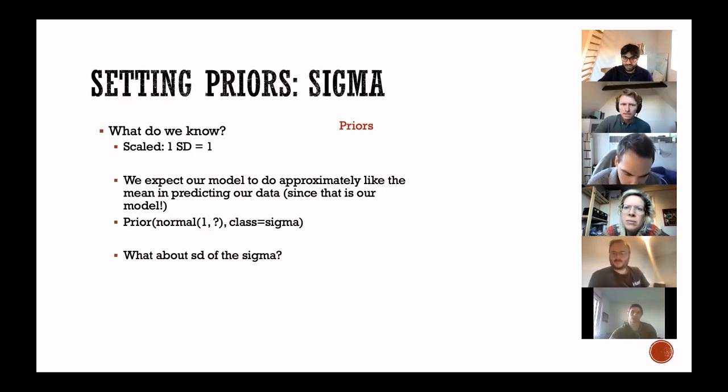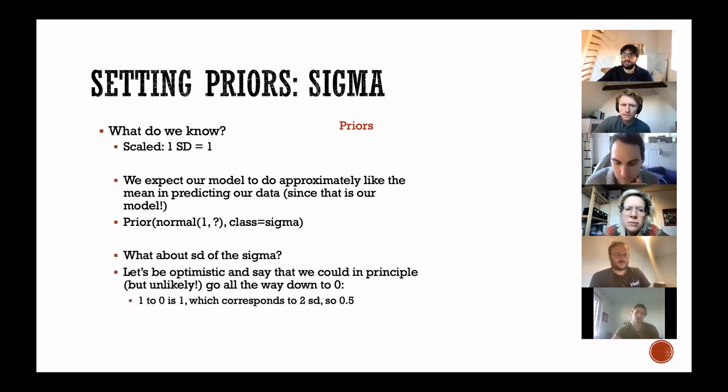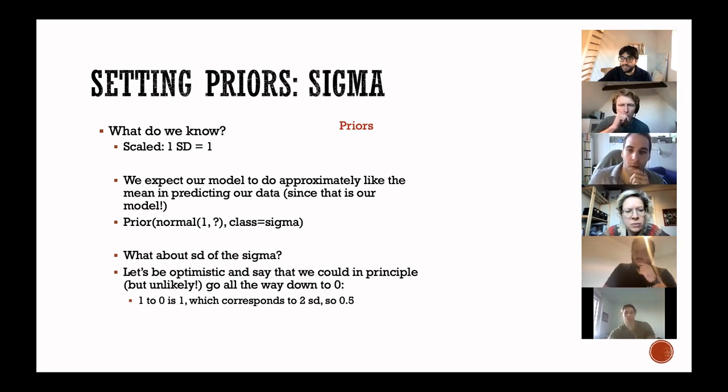So my suggestion is that we want to be optimistic and say that in principle, but very unlikely, the error could go all the way down to 0. Right? 1 is sort of the error that we expect, given that we scale the data that way and we're only using the mean as a model.